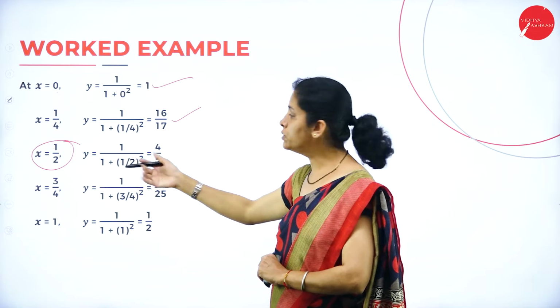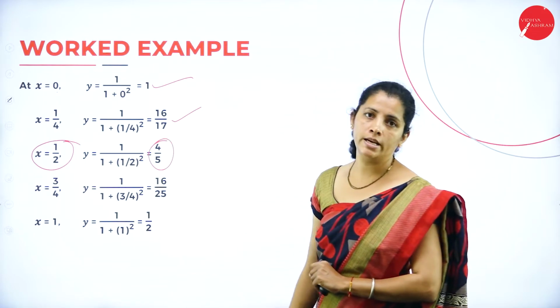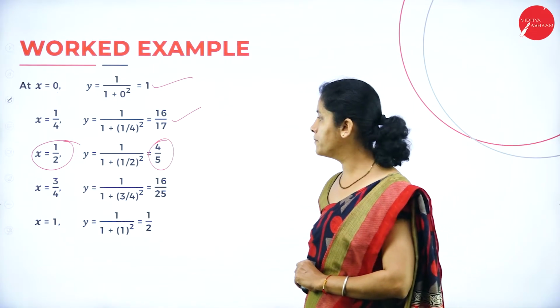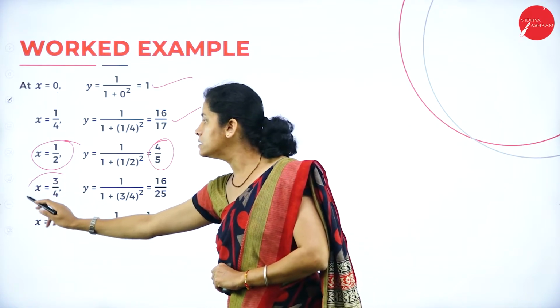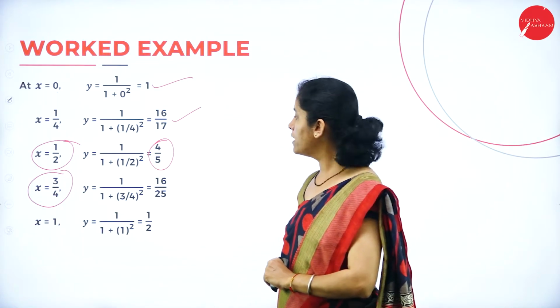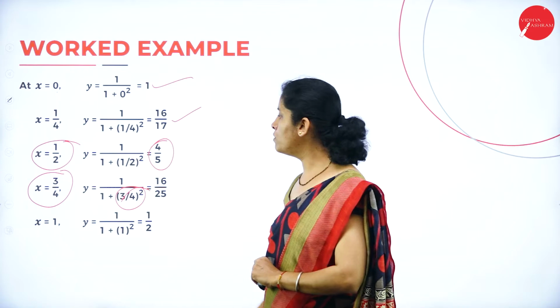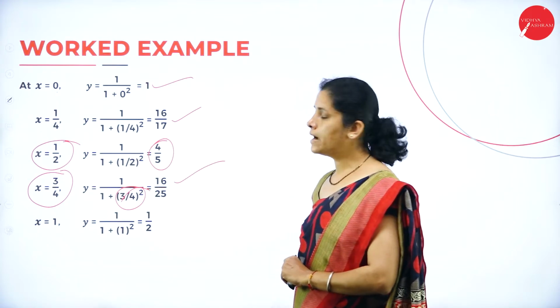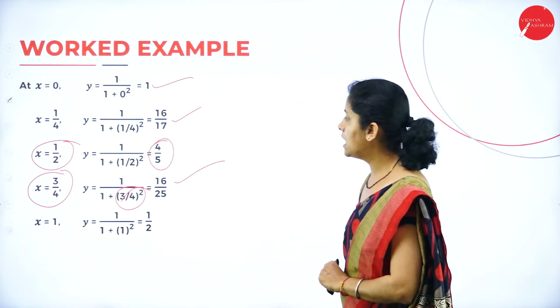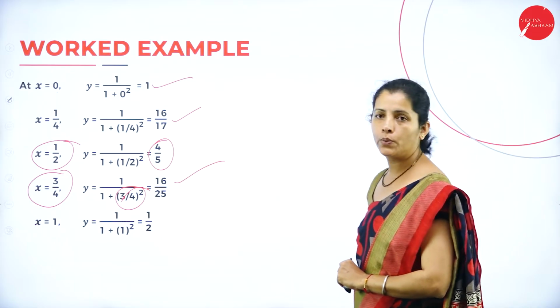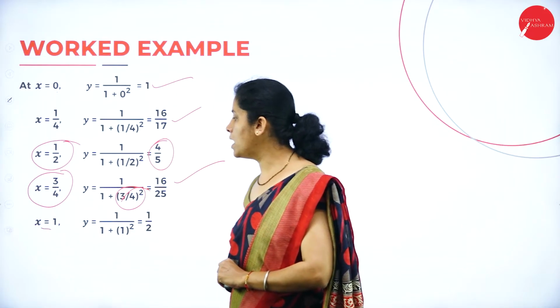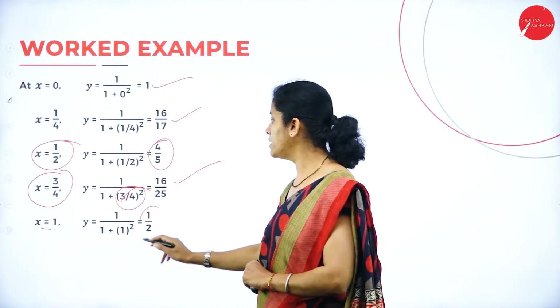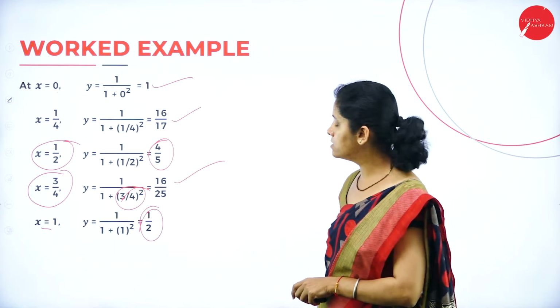When I substitute and simplify, I'm going to get the answer 4 by 5. And here it is 3 by 4. When I substitute 3 by 4 and simplify the equation, I'm getting the answer 16 by 25. When x is 1 and I substitute and simplify, I'm going to get the answer 1 by 2.